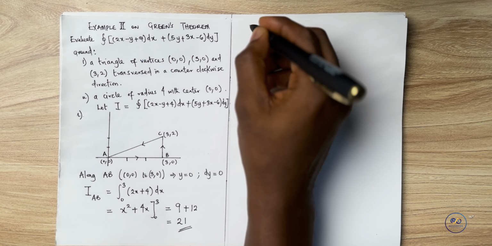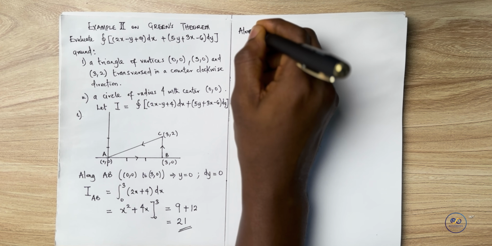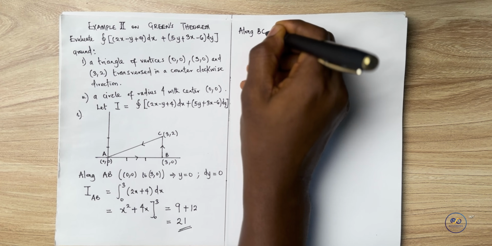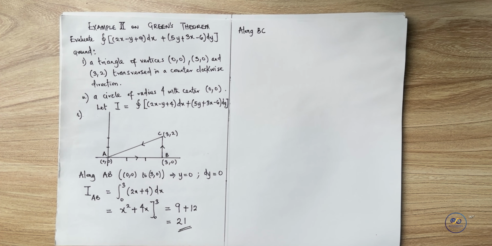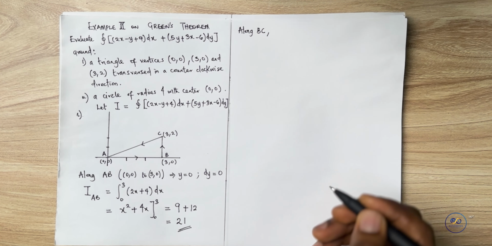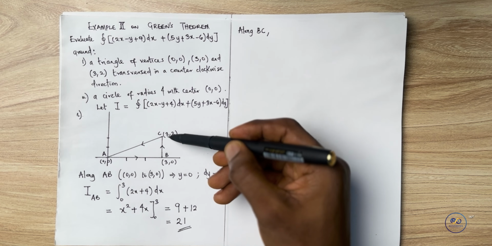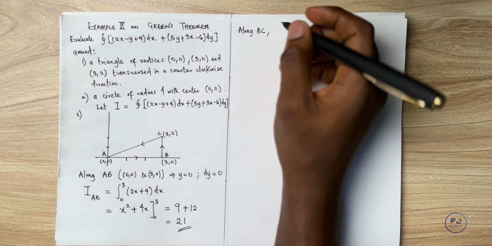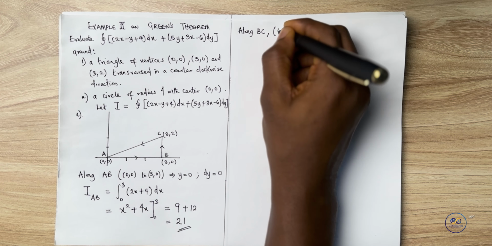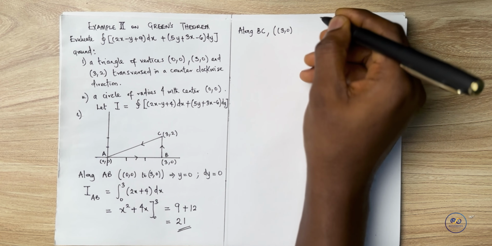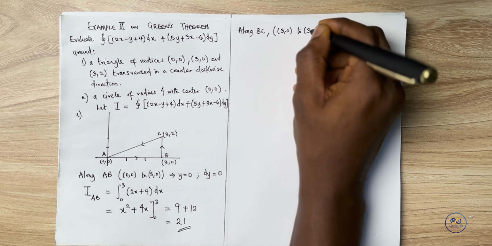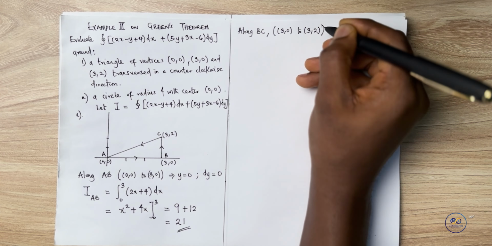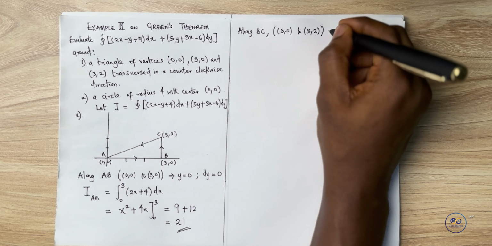Now, along BC, we are going to go from 3, 0 to 3, 2. If you evaluate, this would mean that our x value is the one fixed here.